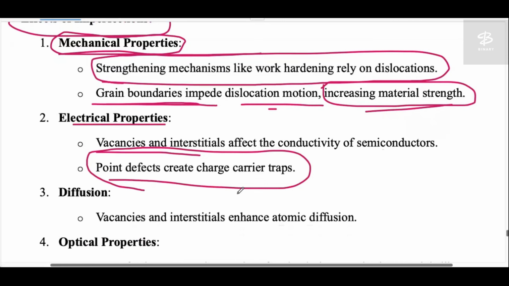So if the charge which is responsible for transmitting the electricity gets trapped in the point defect, right? If there is a vacancy, they will get trapped, and if it is an interstitial kind of point defect, then here also the charge gets trapped. So if the charges are trapped in that particular point defect, then the movement will stop, and that is why your electrical property will get compromised.